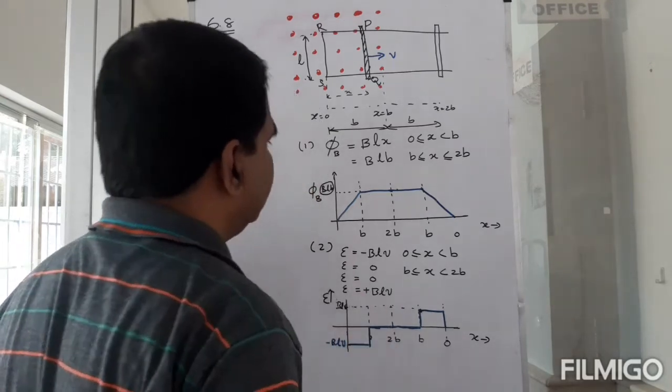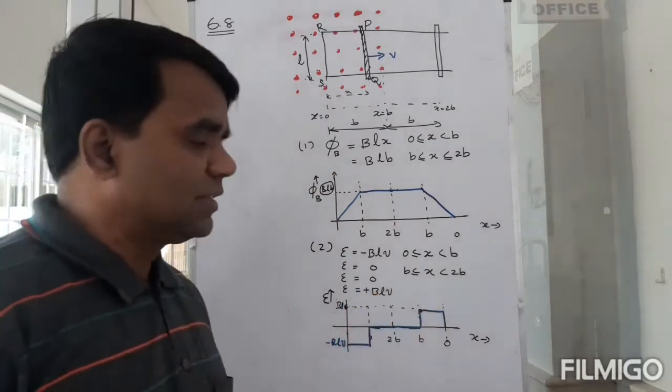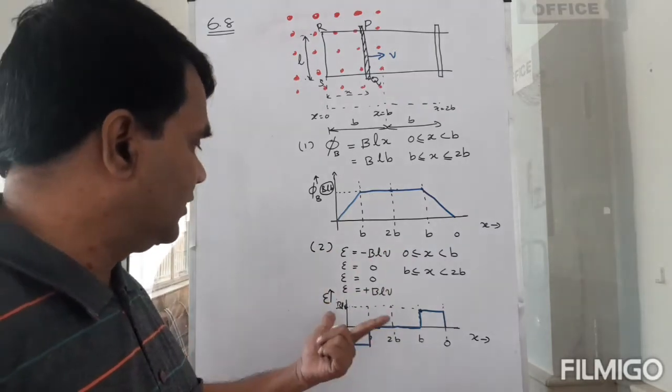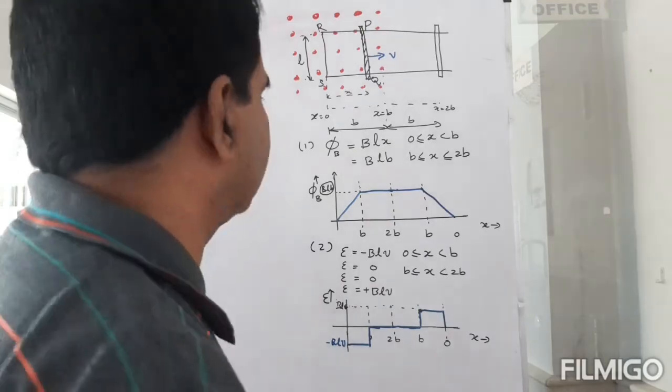Okay, so this is the structure of the graph for the induced EMF versus the distance.